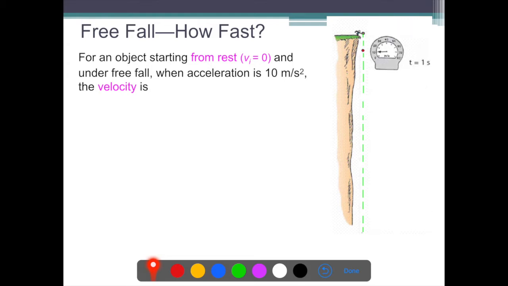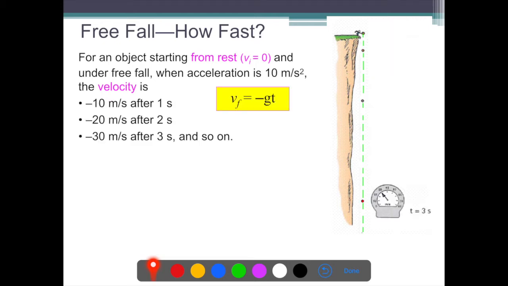All right, the acceleration is 10 meters per second squared. That means that every second, velocity changes by 10 meters per second, which means that after 1 second, the velocity will be 10 meters per second, but the direction is downward, so you have the negative sign there.